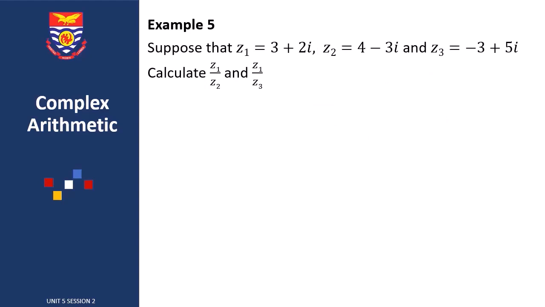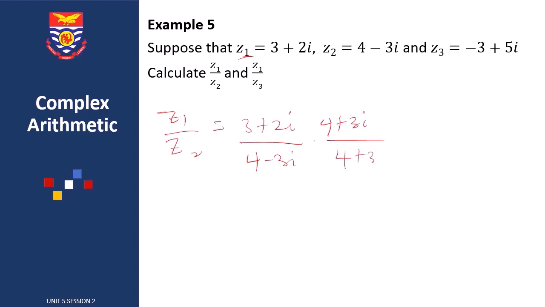Suppose that z1 is this, and z2 is that. You want to calculate these two. Let me do one and then I'll leave one for you to do. So z1 on z2 equals 3 plus 2i divided by 4 minus 3i. I multiply by the conjugate, 4 plus 3i divided by 4 plus 3i.